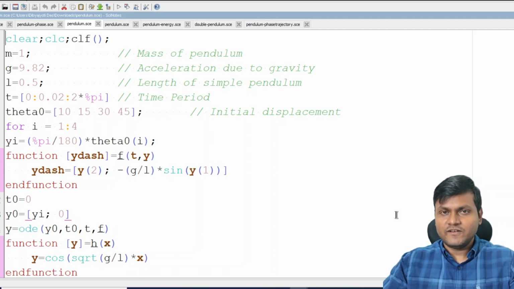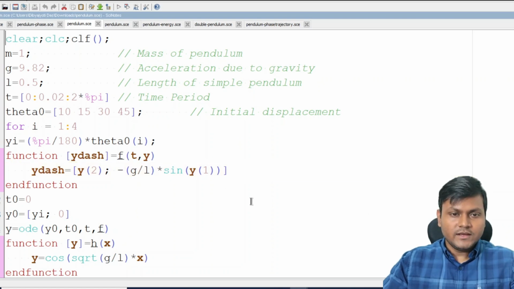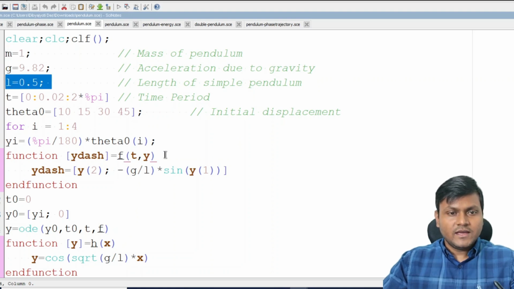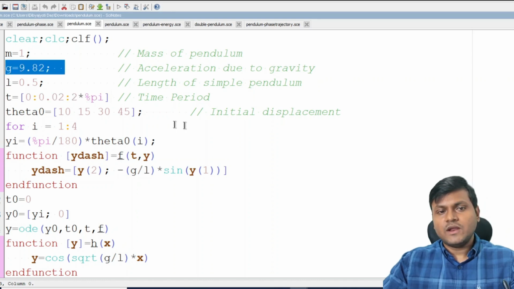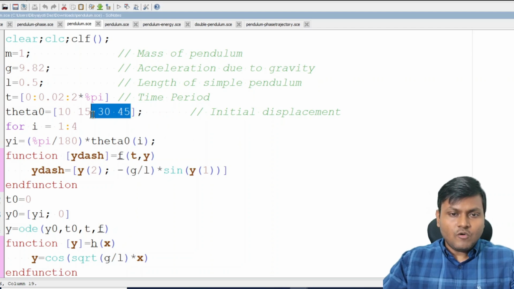If we solve that second order differential equation using some kind of a computational software, then I can look at the solutions for various angles. So in this particular line, I have taken mass to be 1 kg, length of the string to be 0.5 meters, and time period from 0 to 2 pi, and acceleration due to gravity is 9.82 meter per second squared. And here I'm taking 4 different situations.